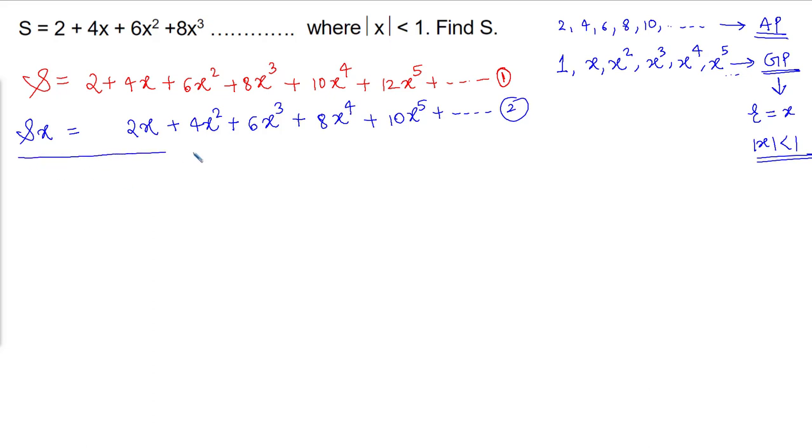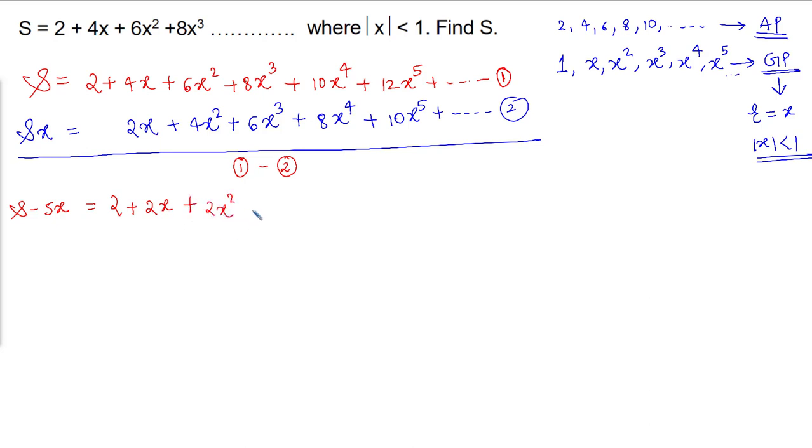Now we are going to do equation 1 minus equation 2. On the left hand side it will be s minus sx. On the right hand side, look here, 2 minus nothing is 2. 4x minus 2x is 2x. 6x square minus 4x square is 2x square. 8x cube minus 6x cube is 2x cube. 10x to the power 4 minus 8x to the power 4 is 2x to the power 4, plus 2x to the power 5 and so on.